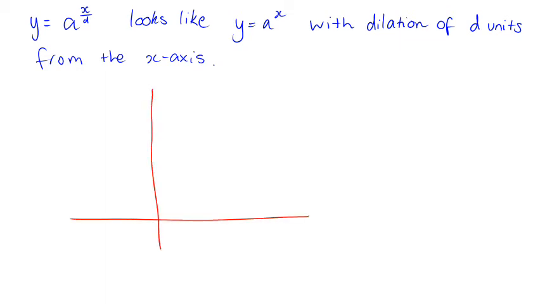So if, for example, we have y equals 2 to the x, and instead we did y equals 2 to the x over 2, all of our x values are now going to be 2 times larger. So, for example, this x value here would move 2 times larger to here.